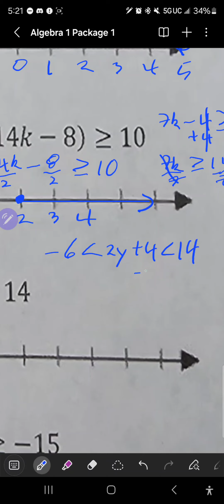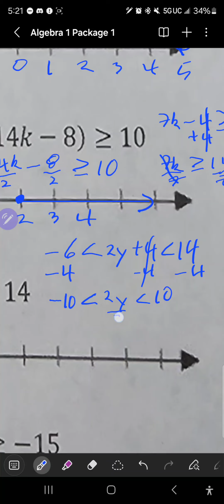Now we eliminate the 4 from here, subtracting 4 from the 3 sides. -6 minus 4 is going to be, since they have the same sign, we just keep the sign and add them together, so 6 plus 4 is 10, negative 10. Now we cancel this, so this is 2y. And this is less than 14 minus 4, which is 10.